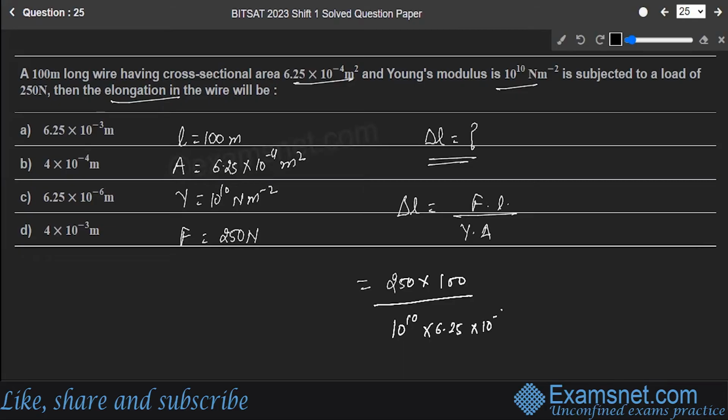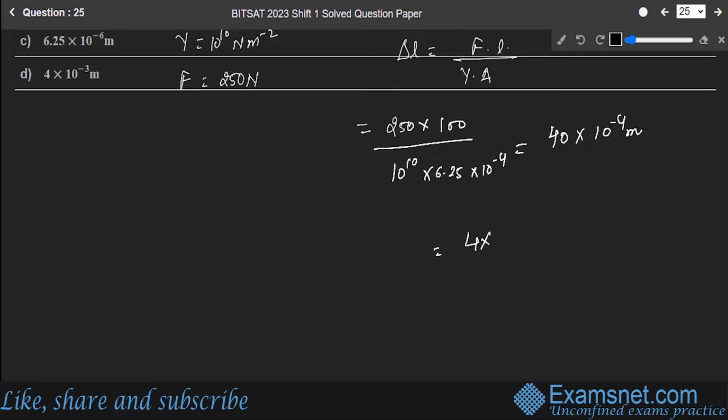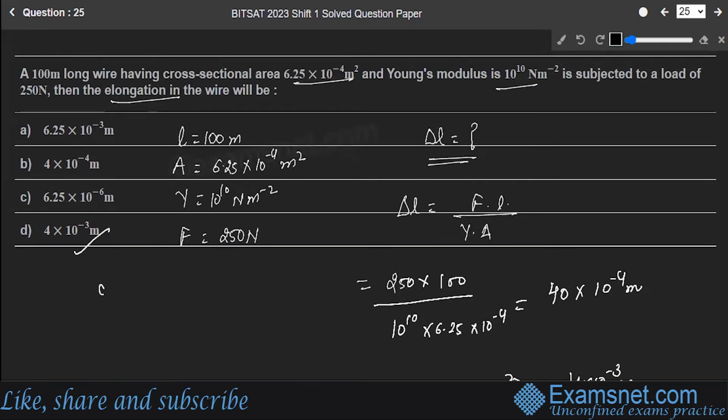Area is this. So on solving this whole thing, you will get 40 into 10 power minus 4 meters, or the answer to this question is 4 into 10 power minus 3, not minus 5 meters. So that makes option D the correct answer.